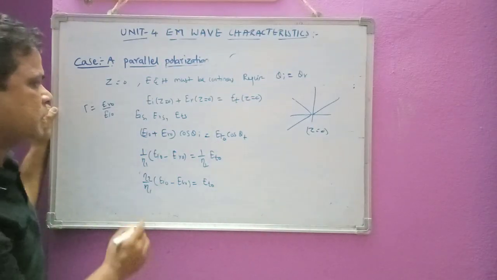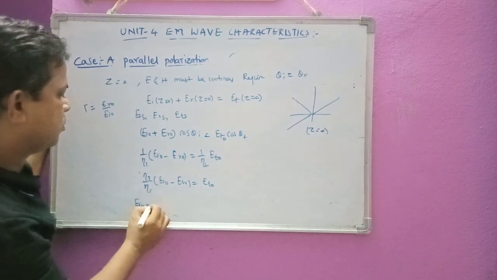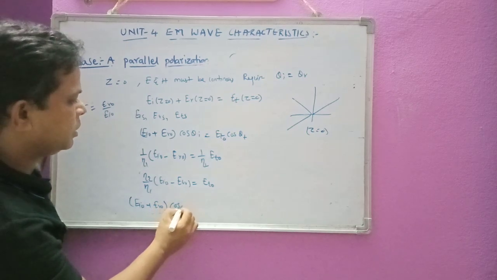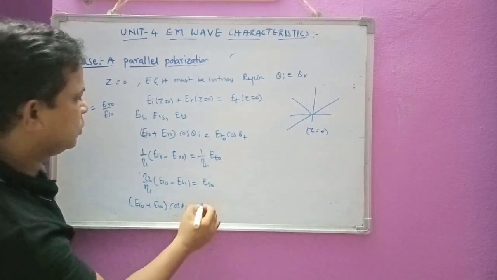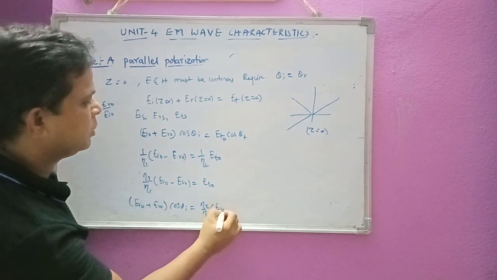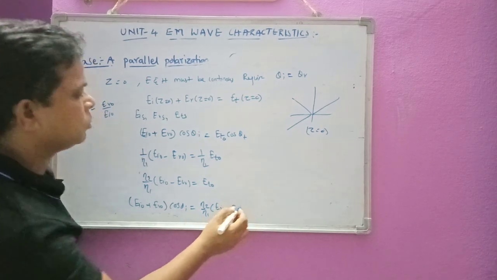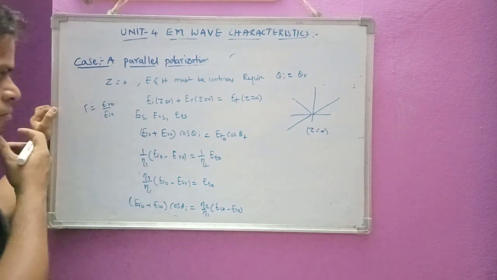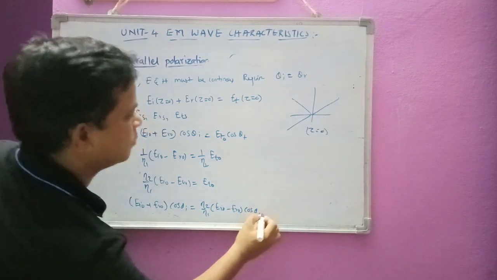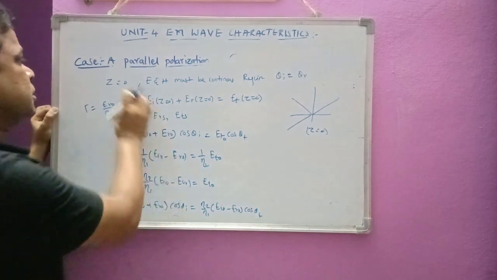I can get the equation here: EI0 plus ER0 into cos theta I is equal to eta 2 by eta 1 into EI0 minus ER0, into cos theta t. Now I will erase this one.